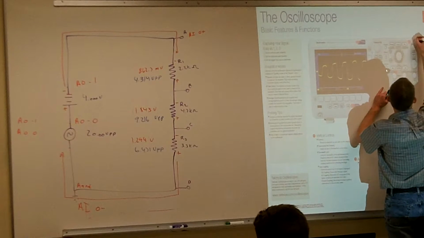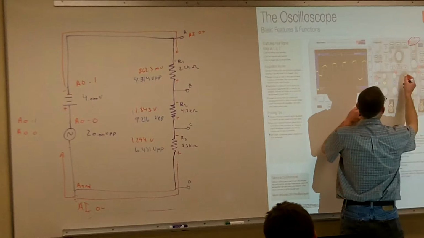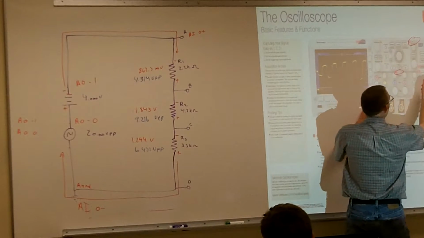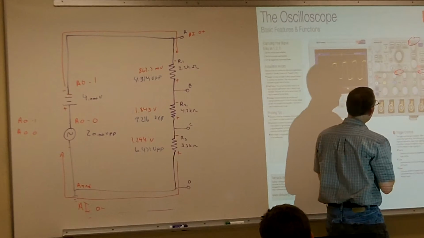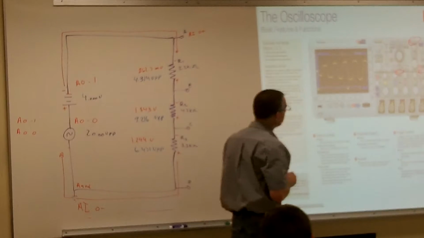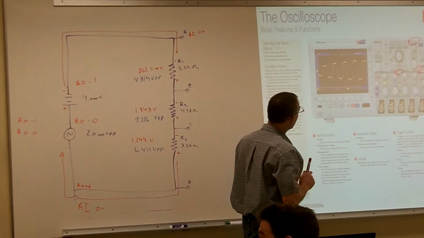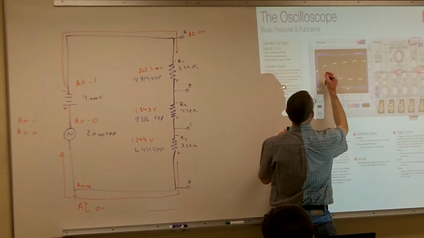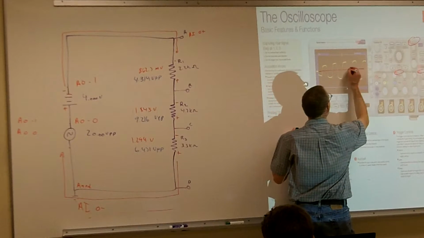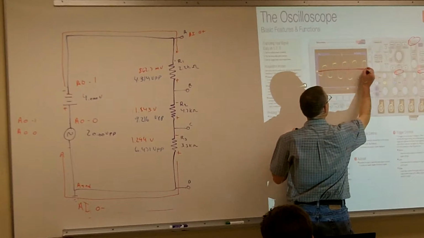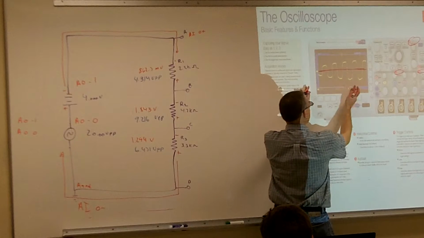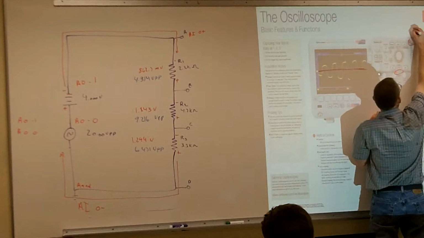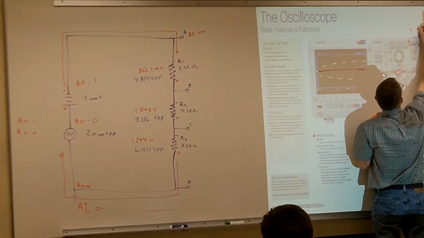We have the horizontal position, we have the vertical position, and then we have the trigger. We have to kind of work with all three of those all at the same time. So our horizontal position, it's going to be everything going off this way. This is going to be based off of our time. So our horizontal position is our time.